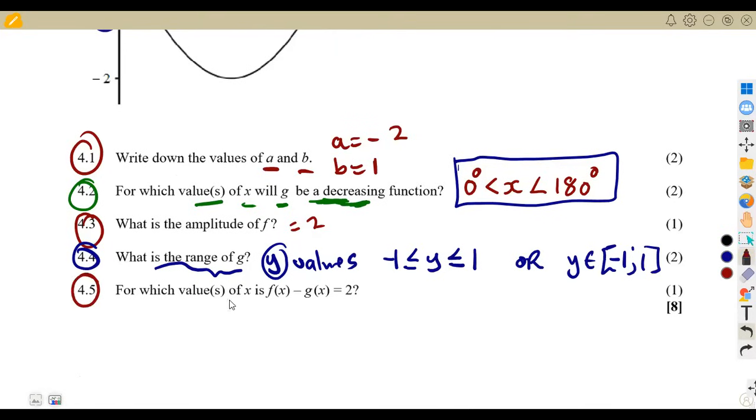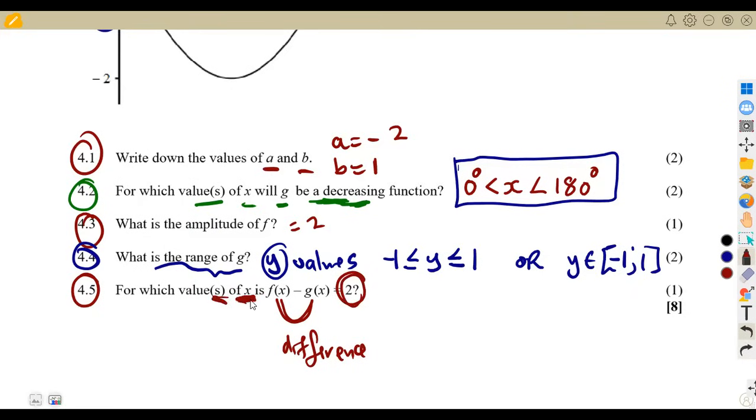Then 4.5, for which values of x is f of x minus g of x equal to 2? We talked about this type of question in another part. If you still remember, I said this one is a distance, the difference between two functions. So they are asking at which point of x we have f of x minus g of x giving us a difference of 2.